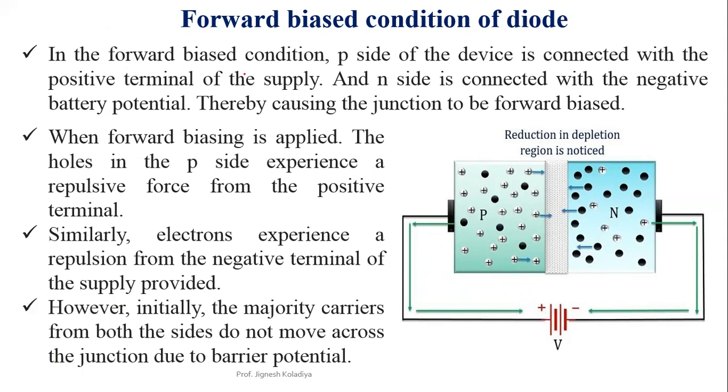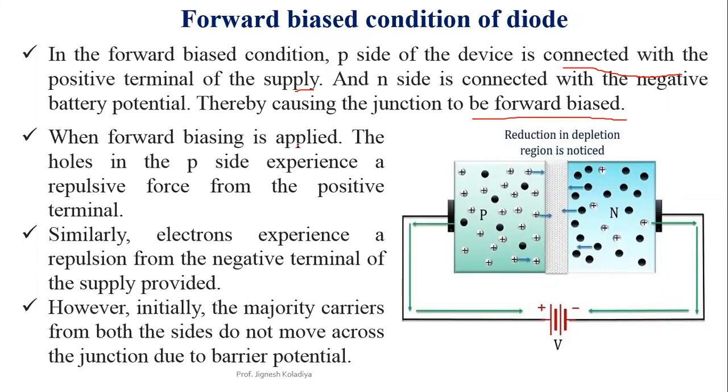So in forward bias, the P side of the device is connected with the positive terminal of the supply and the N side is connected with the negative battery potential.